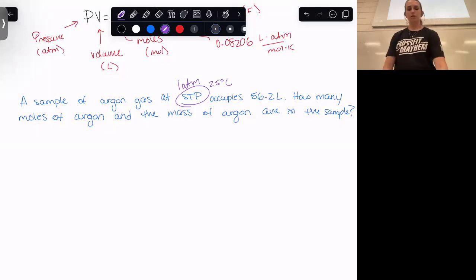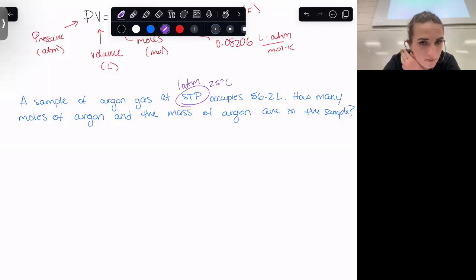I think there's a case where STP is 0, but I think for gas laws, it's 25, if I'm not mistaken.